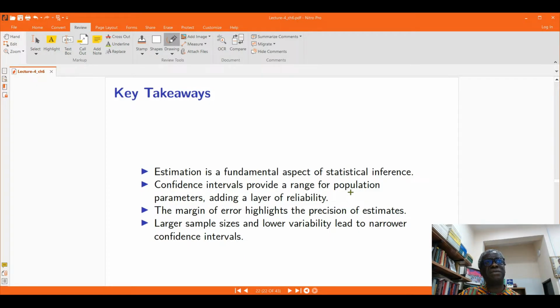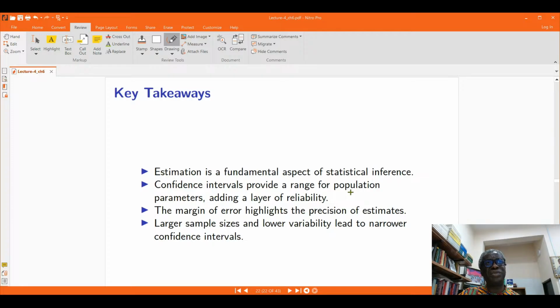I have shown you the role of estimation as a bridge between sample data and the population data.